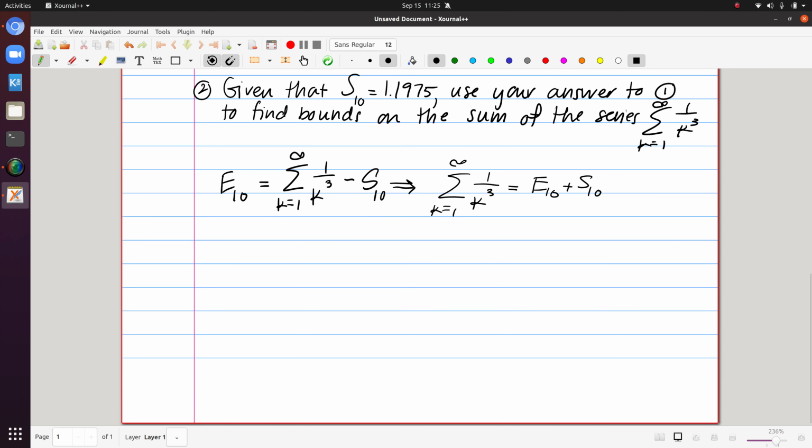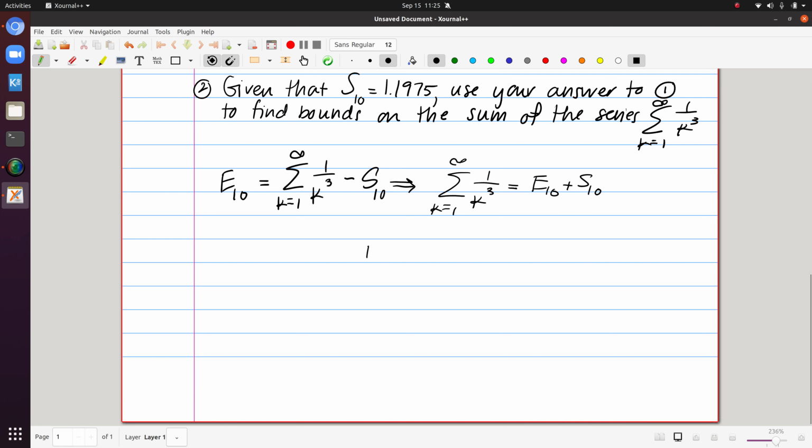So knowing that E10 has bounds that we found above, what I want to point out here is that if I want to translate that into bounds on the infinite sum, I can simply add the 10th partial sum to everything.